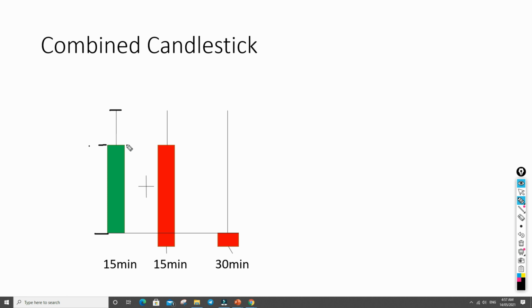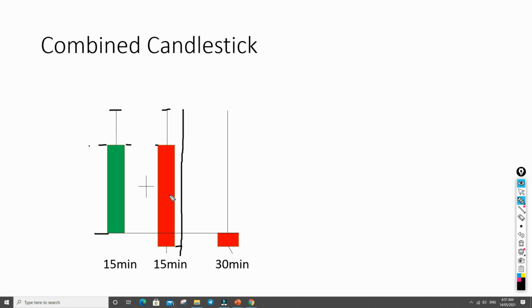When the market closed here, the next candle starts here. Then the buyers again came to the market and pulled the price up to this level, and then sellers aggressively came and pushed the price back down, and it finally closed back here.